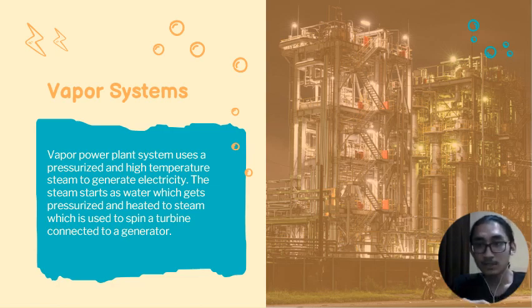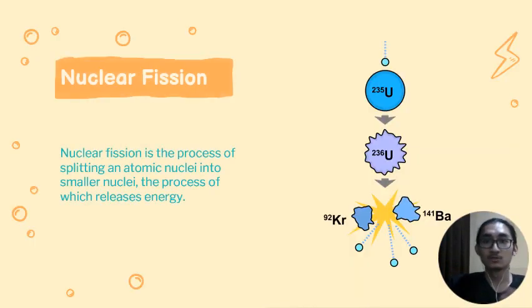So how does a nuclear reactor take advantage of this system? Well, a nuclear reactor uses something called nuclear fission to generate the heat necessary. Nuclear fission is a process of splitting atomic nuclei into smaller nuclei.